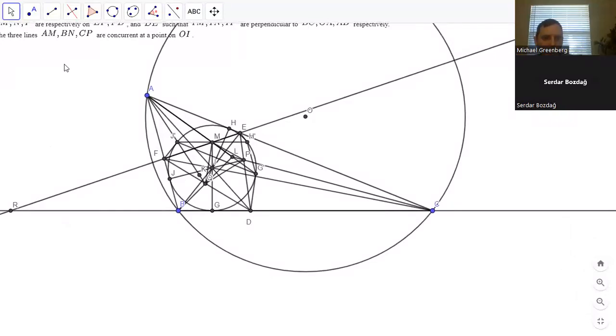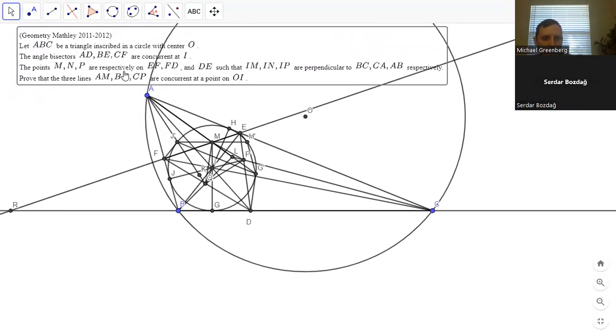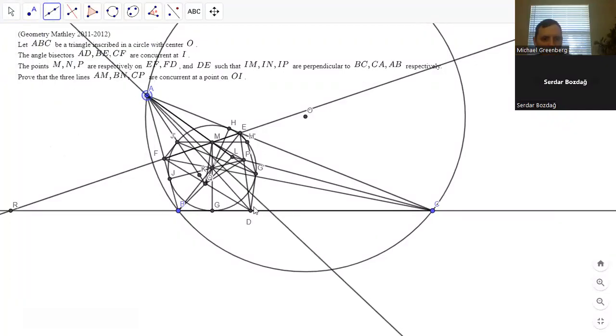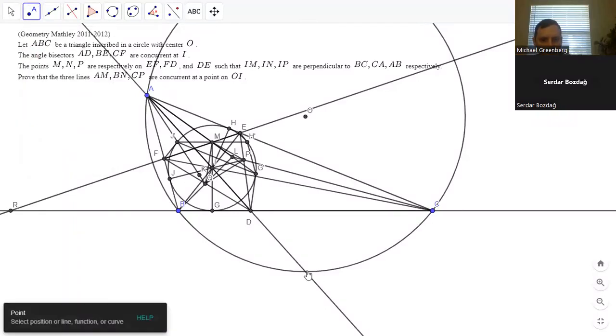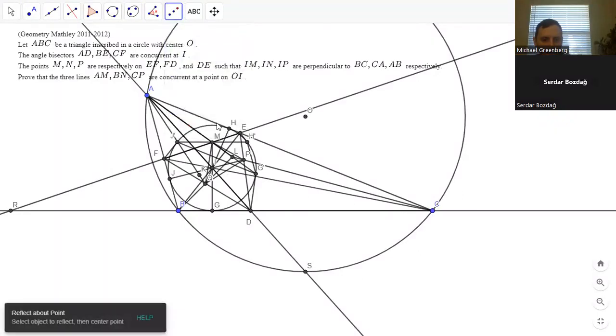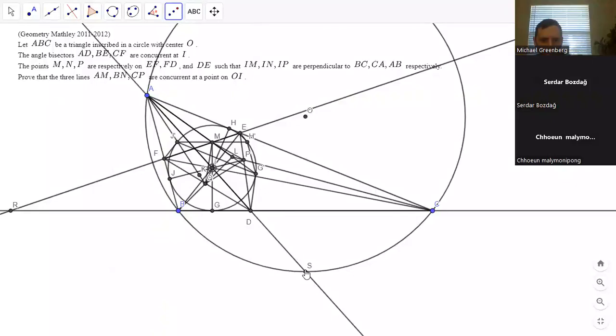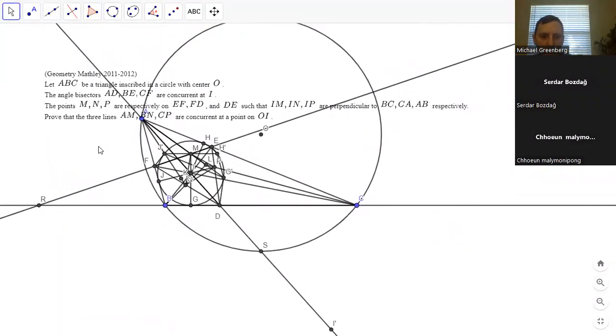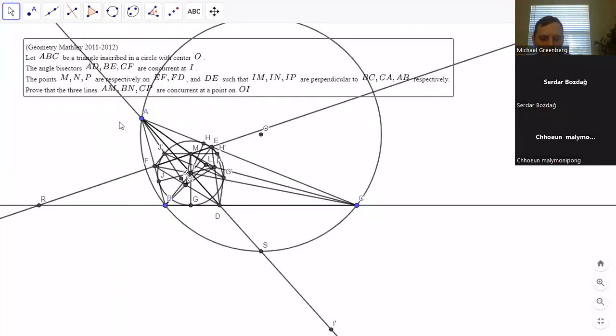So draw the excenter. Let's see. On this website. Oh, what? So that's the excenter. It's a little bit far away, but it's okay.